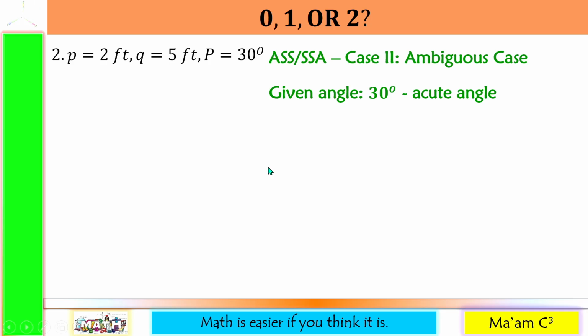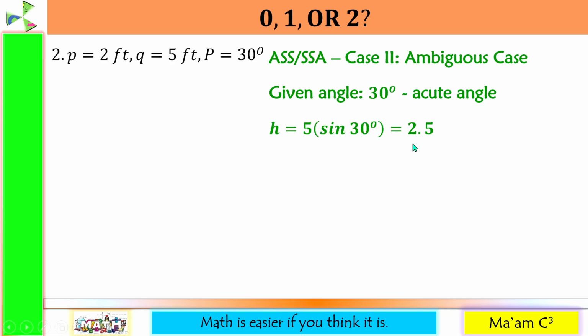If it is an acute angle, we have to solve for the height. So the height is equal to, if the angle is P, don't use side p. Use side q. That would be 5 times the sine of 30 degrees. So again, sine of 30 degrees is 0.5. 0.5 times 5 is 2.5.